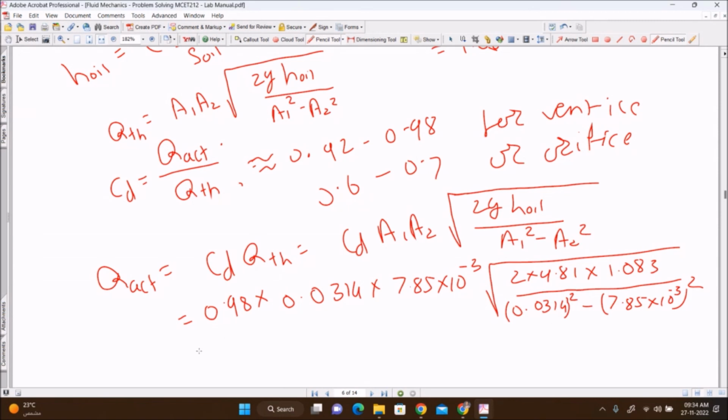Students make a mistake in this calculation: they forget the bracket or something happens here, and they will get the wrong answer. So here you will get actual discharge as 0.0366 meter cube per second.